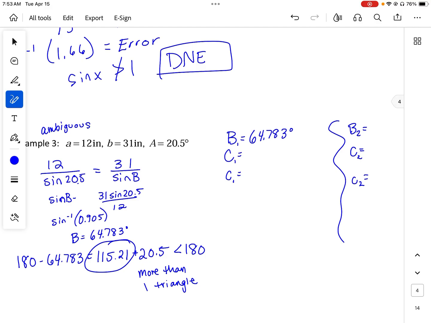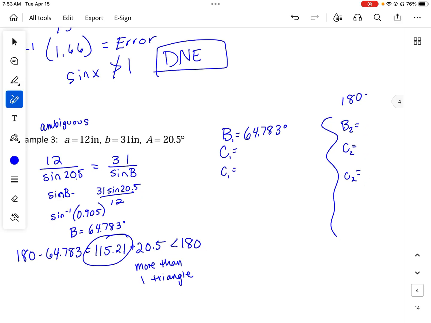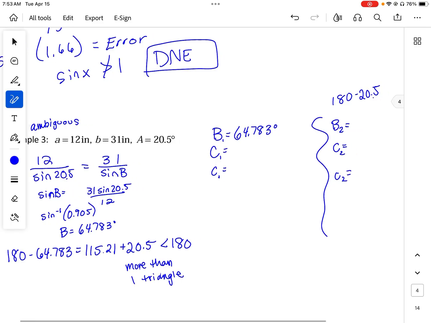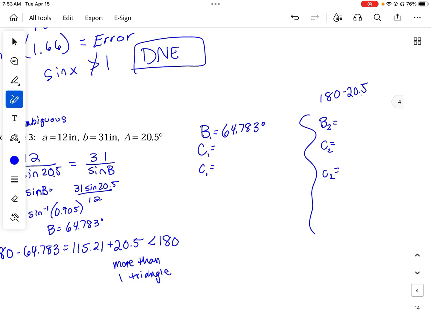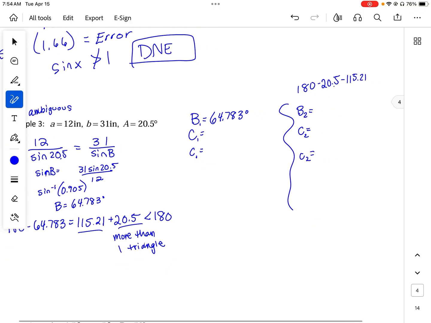Okay, so before we continue on, let's go ahead and find out what the angle 2 is. Whenever you do 180 minus the 20.5, and minus the 115.21.